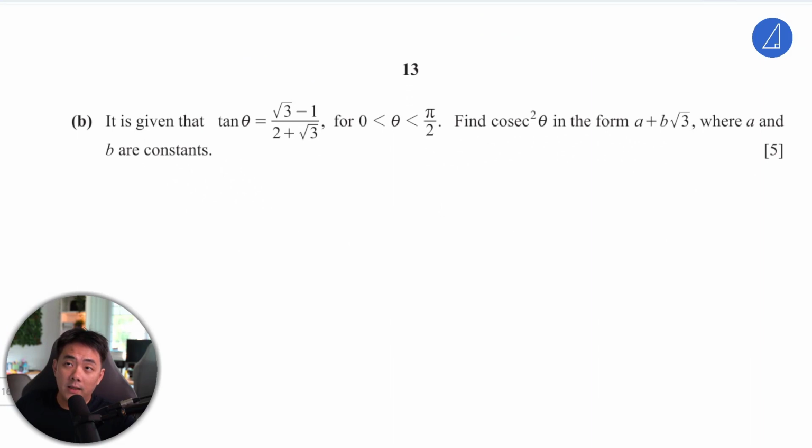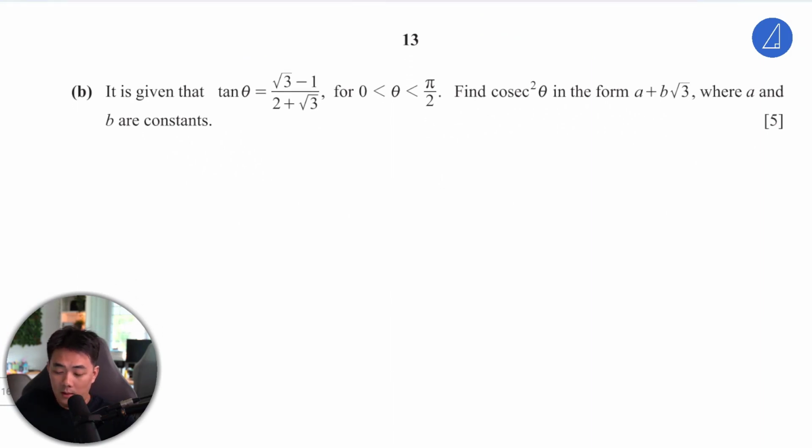So it's given that tangent theta is root 3 minus 1 over 2 plus root 3. Find the cosecant square theta. Now, if you look at cosecant square theta, the first thing you must understand is the only way to relate tangent and cosecant square theta is through cot. So essentially, cot square theta plus 1 is equals to cosecant square theta. All right. So we know that cot is actually 1 over tangent theta.